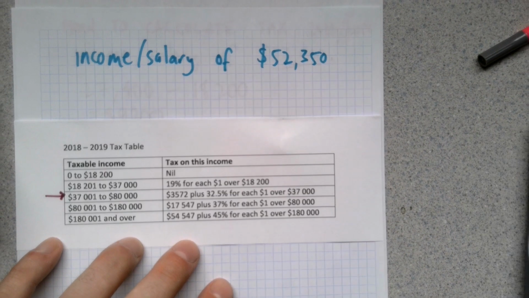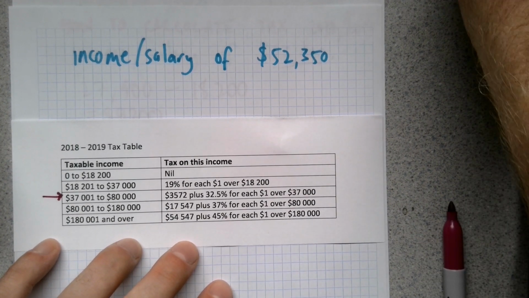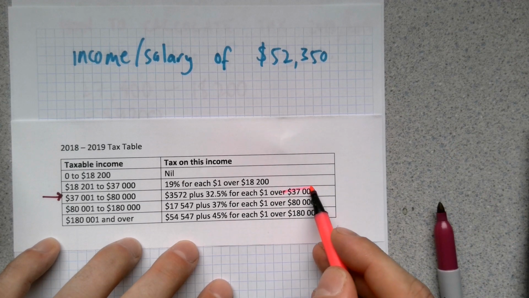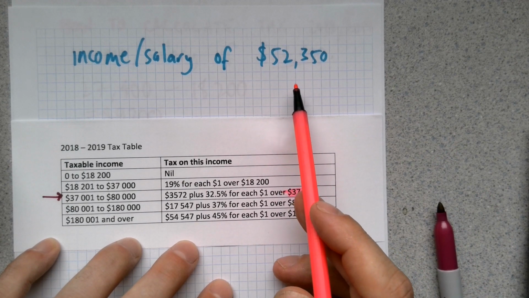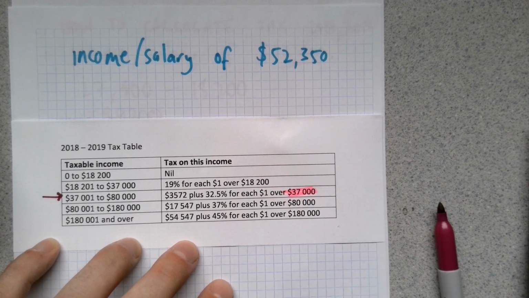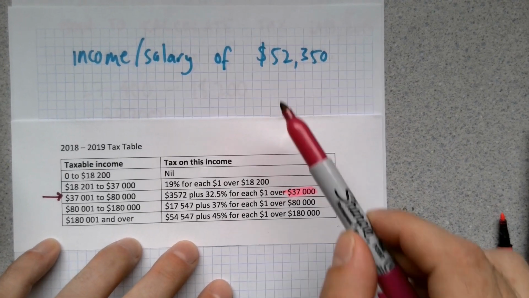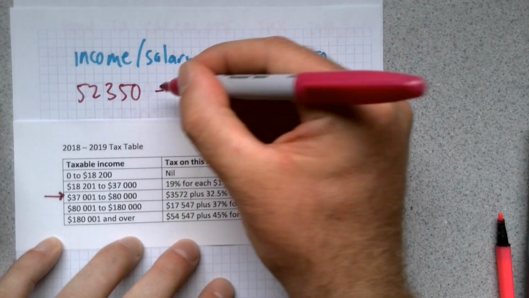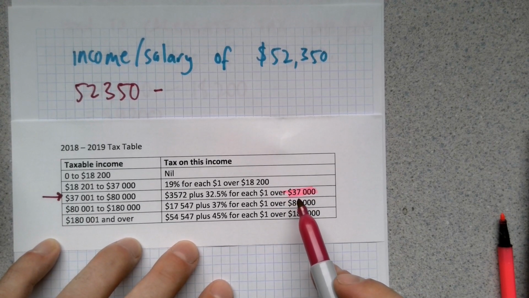This time we need to work out how many dollars over $37,000 is $52,350. Again, to do that, we start with the income of $52,350 and take away the number on the right hand side of the row, or that threshold.